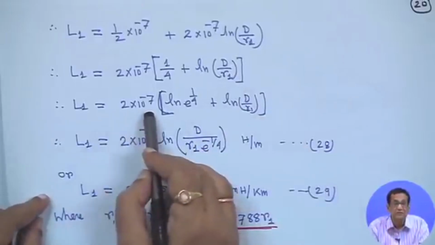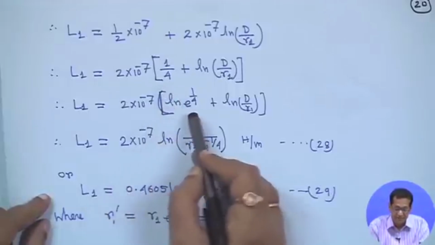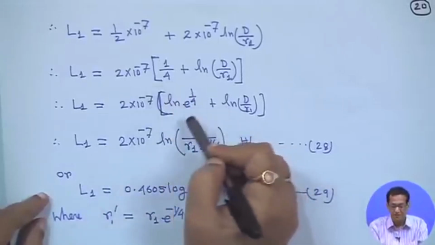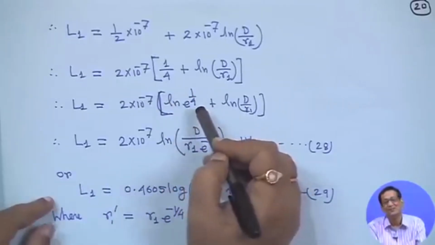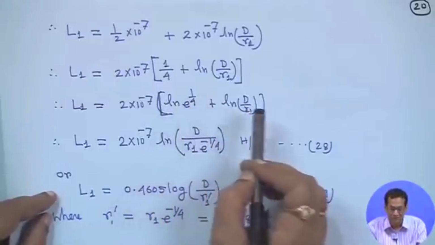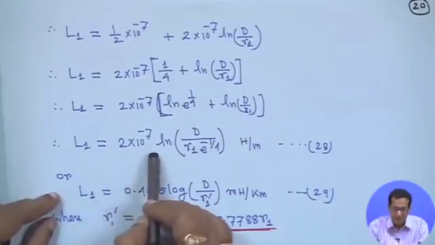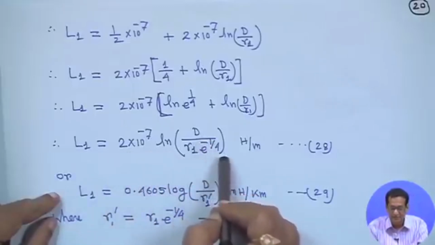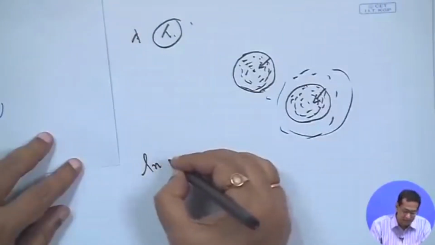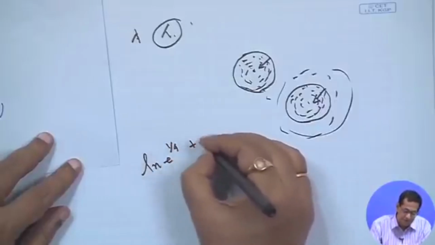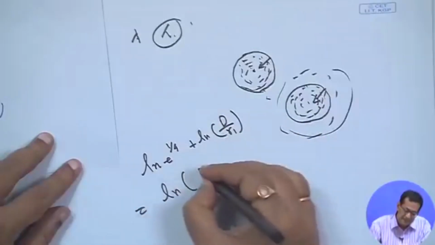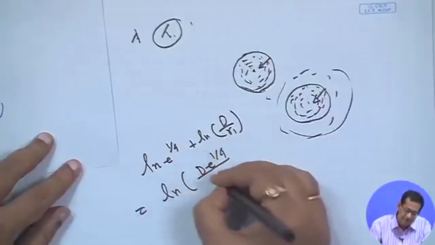Now it is 2 into 10 to the power minus 7 times; the 1 by 4 we can write as ln e to the power 1 by 4, because ln e is 1, log of e base e. So the bracket term is ln e to the power 1 by 4 plus ln D upon R1, which equals ln of D e to the power 1 by 4 by R1.